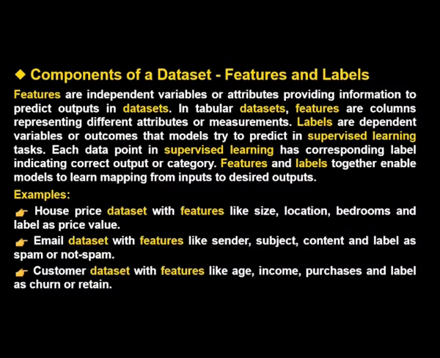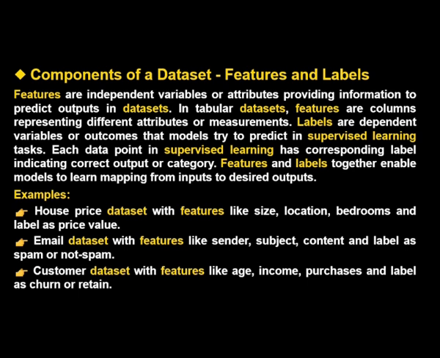The next one is components of a dataset: features and labels. Every dataset mainly consists of features and labels. Features are the input variables or attributes that describe the data. In tabular datasets, features appear as columns such as age, income, gender, or location.